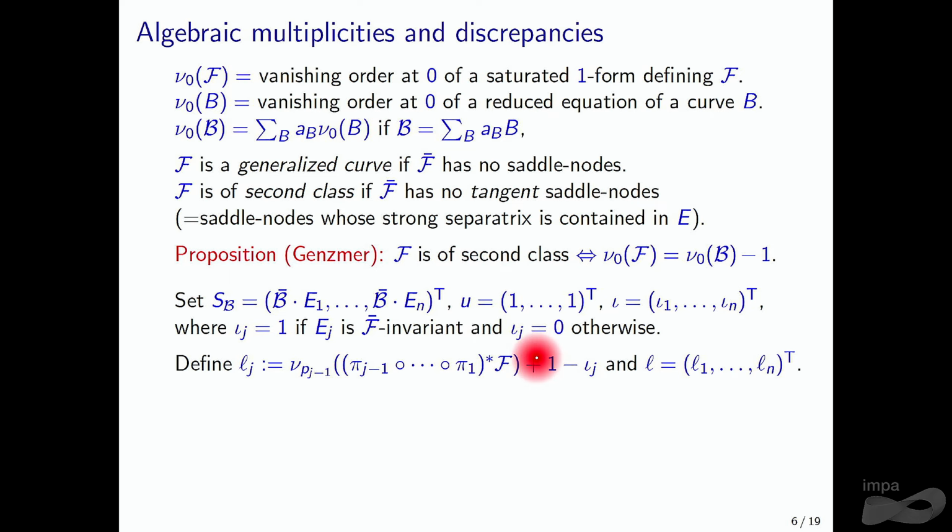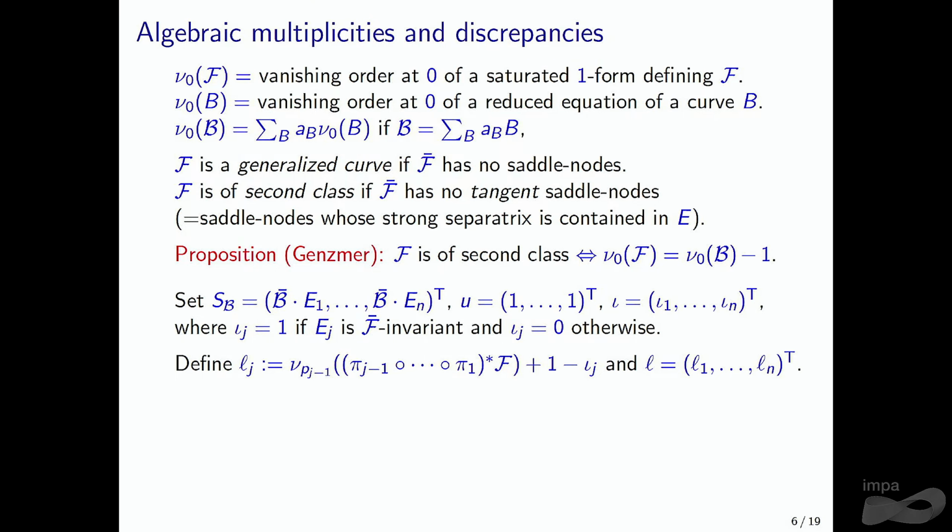So we must correct by this term. In fact, this is the correct exponent in the equation of the j component that we can factorize in the pullback of one form defining the foliation at the stage j minus 1.